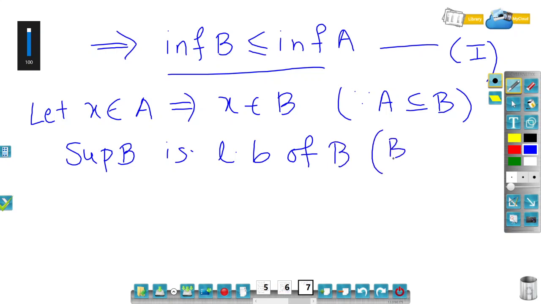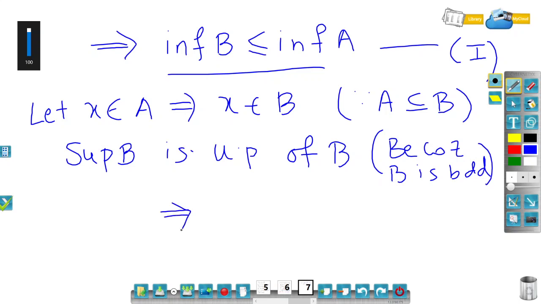Because B is bounded. I should say upper bound, not lower bound. Because B is a bounded set, it is mentioned.